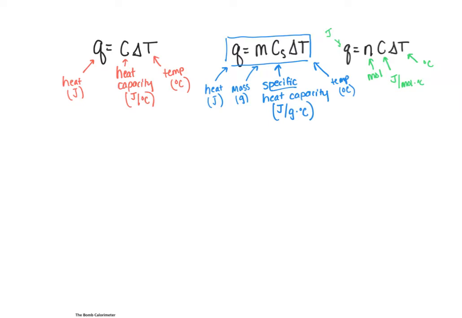So again, if our delta T is in kelvins, then that means that our C value should be in joules divided by mole times kelvins. And then all of the other units stay the same. So we always want to line up our units whenever we're using these equations.